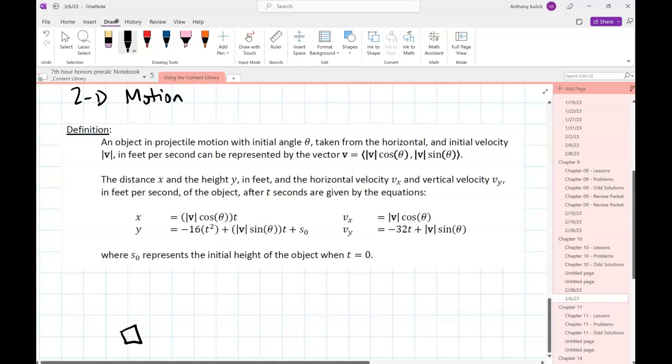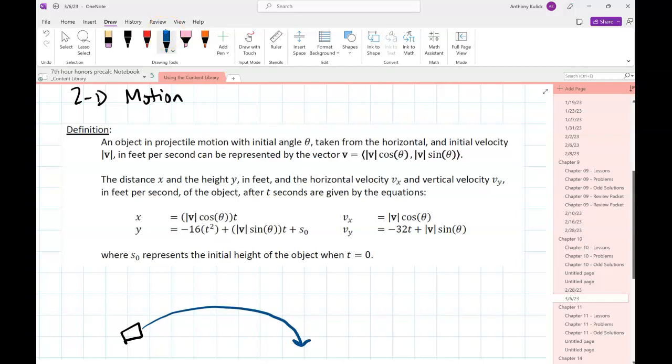So say we have some cannon and it shoots some little cannonball or something like that. Now let's actually draw it this way.